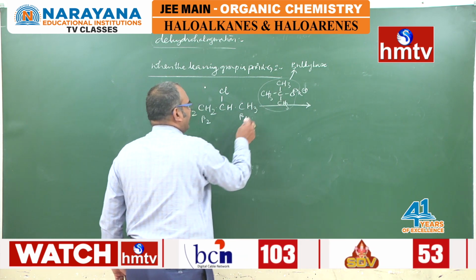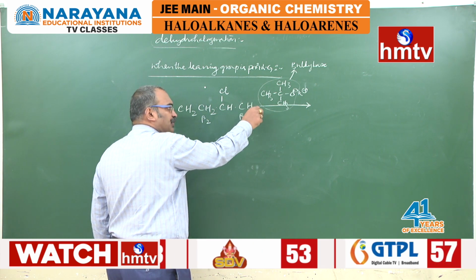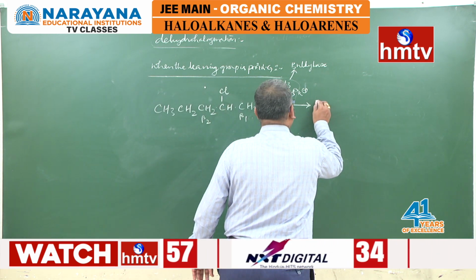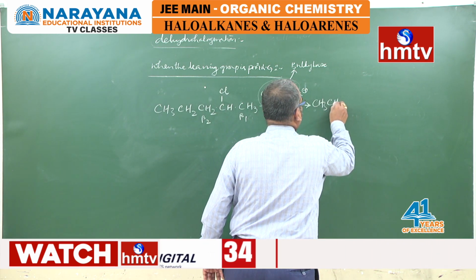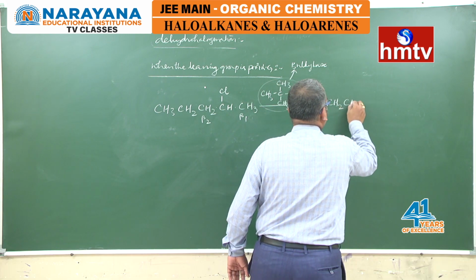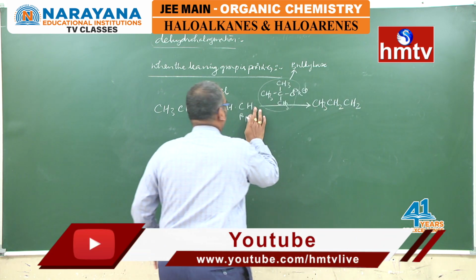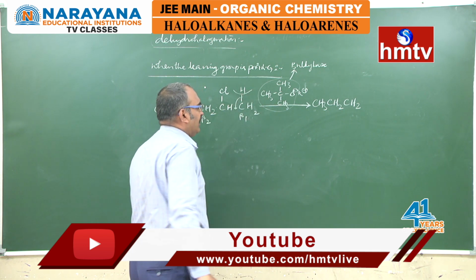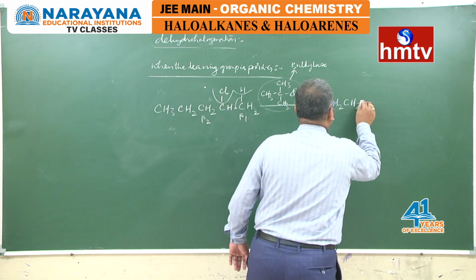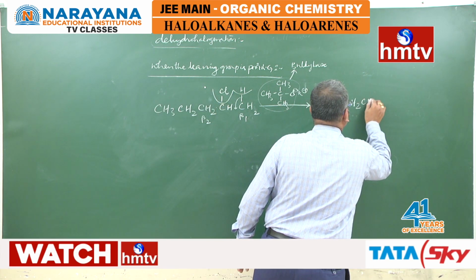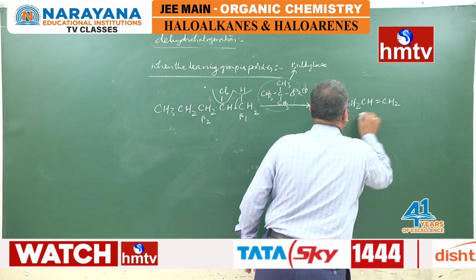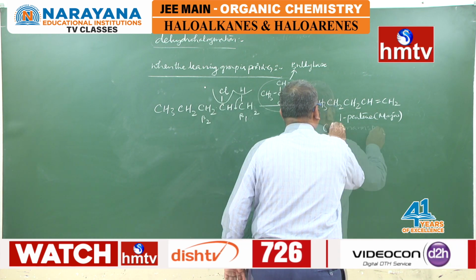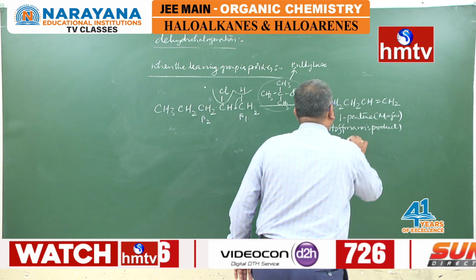Since it is bulkier, it is easier for it to approach the terminal hydrogens rather than the internal hydrogens. Thereby this proton is eliminated preferably to give the less substituted alkene. You will get CH3, CH2, CH2, CH double bond CH2, 1-pentene as the major product, which is Hofmann's product.